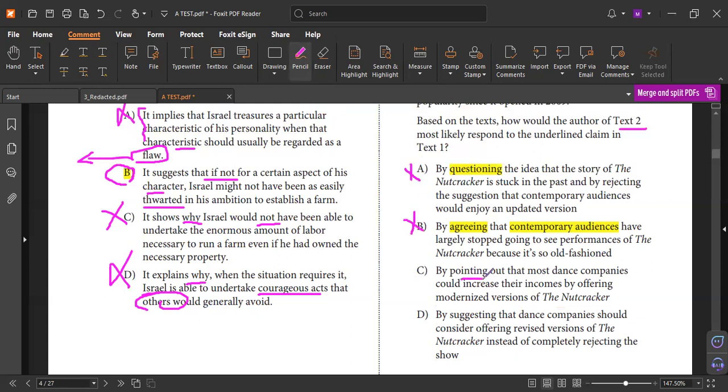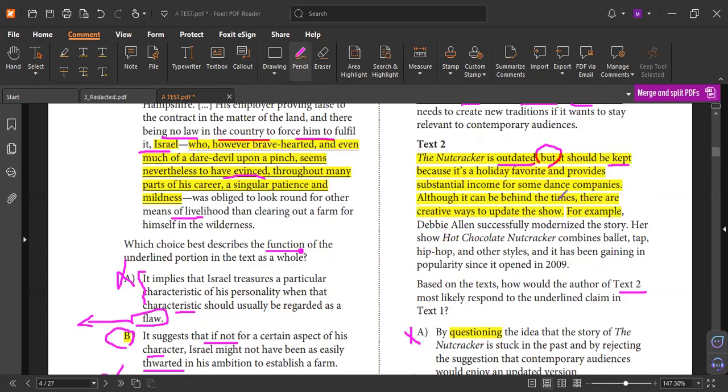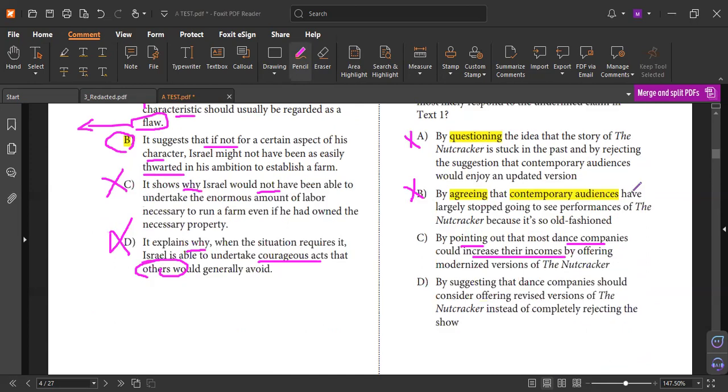By pointing out that most dance companies could increase their incomes by offering modernized versions, he mentioned only here that it provides substantial income for some dance companies. This is right, but it is not a response to the main point, whether it's dated or not. But let's wait. By suggesting that dance companies should consider offering revised versions instead of rejecting the show, yes.